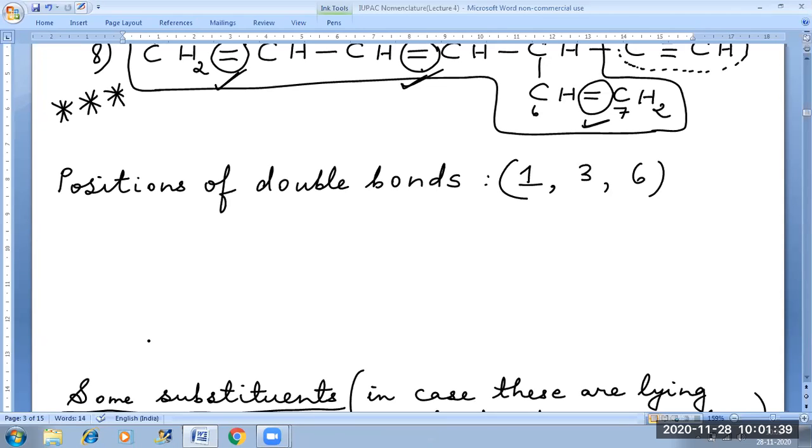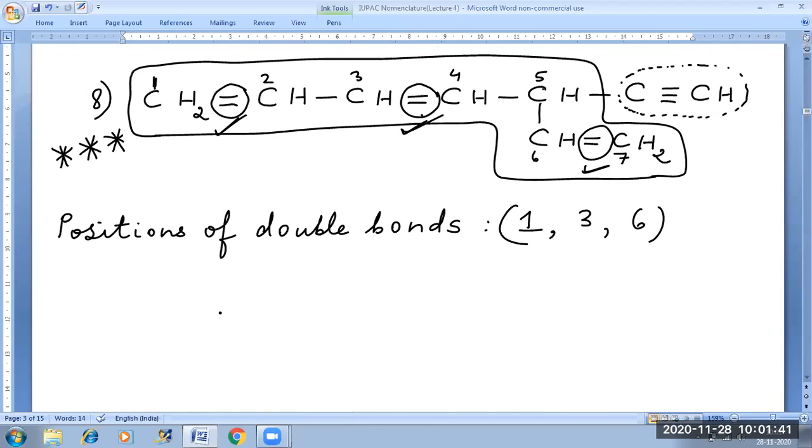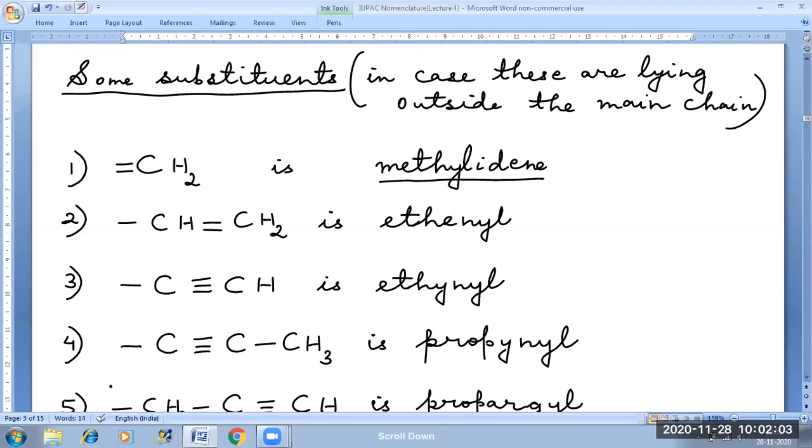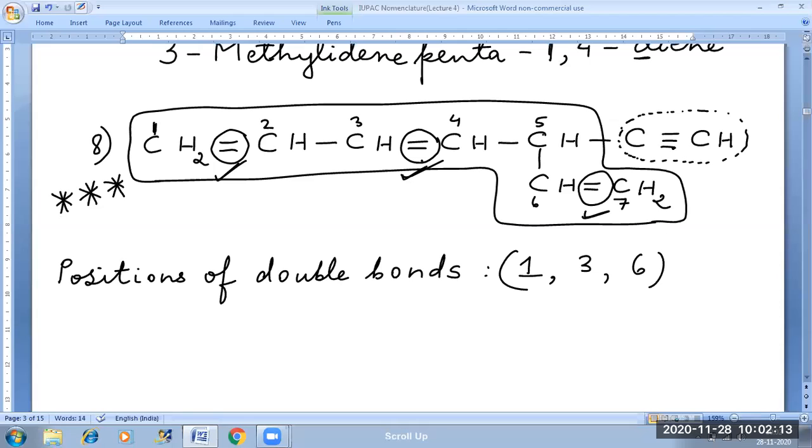Now we can write the name. So at the fifth position, I have a substituent. This is a substituent at the fifth position. So 5. Now, what is this substituent called? See, I've written here some substituents. So can I say this is the substituent? C triple bond CH. C triple bond CH.